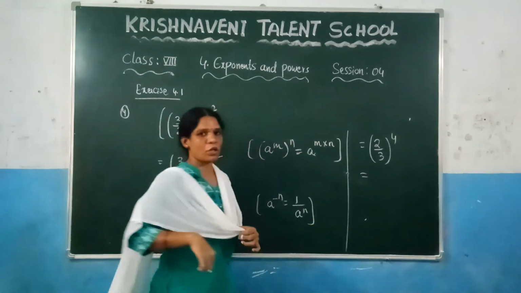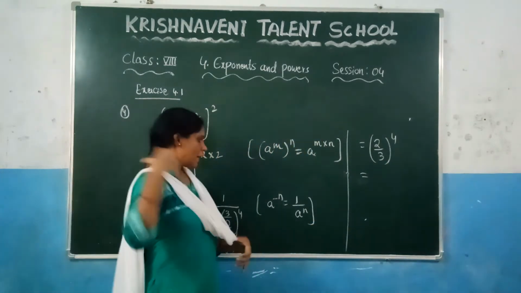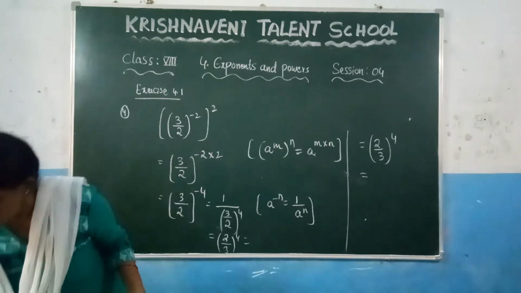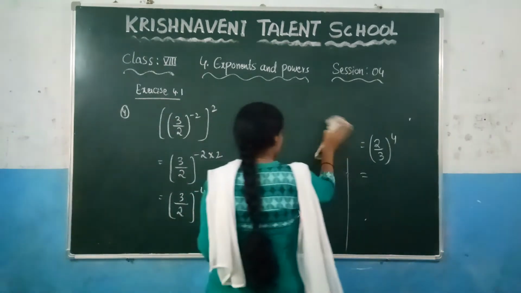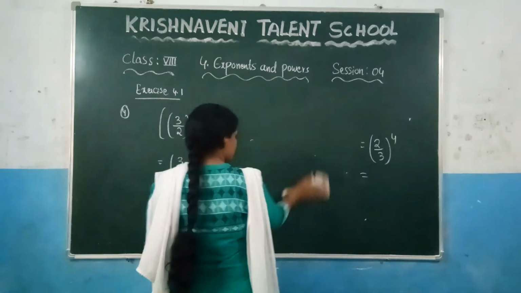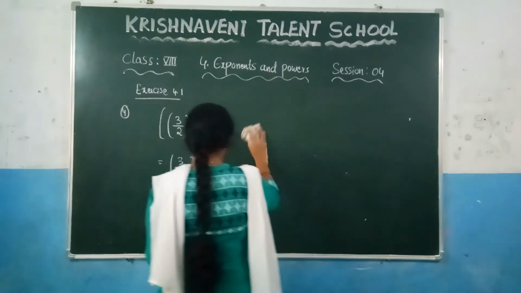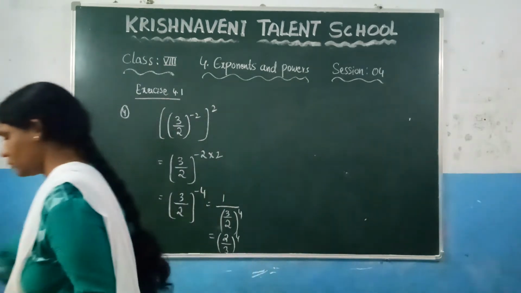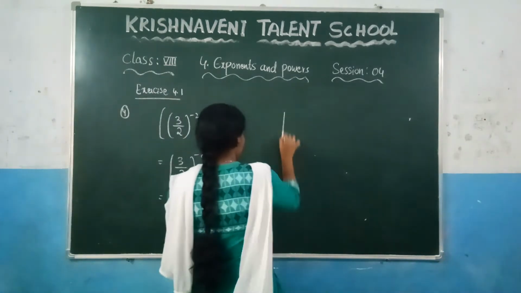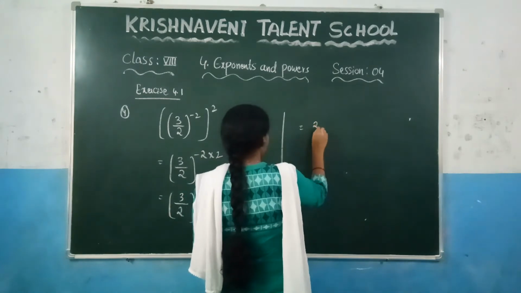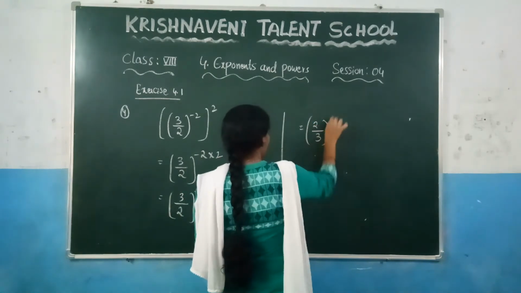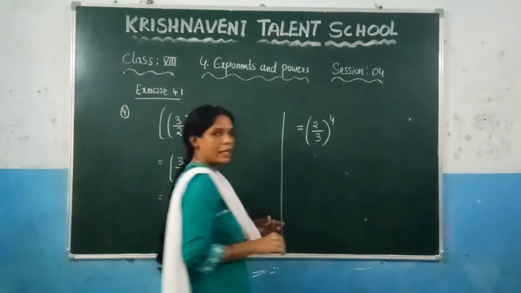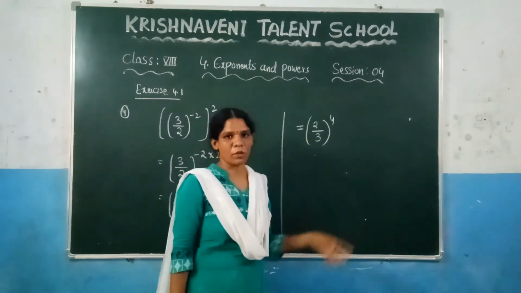So what is the meaning of 2 by 3 whole power 4? So what we got it here? 2 by 3 whole power 4. And again it is in the form of a by b whole power n.